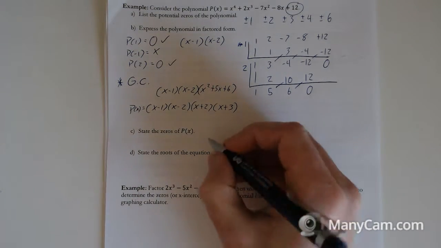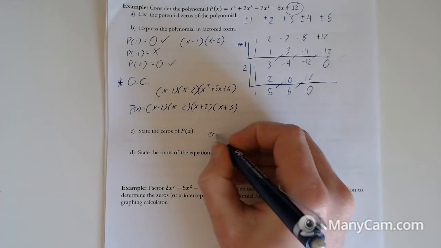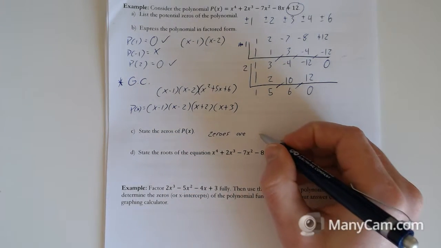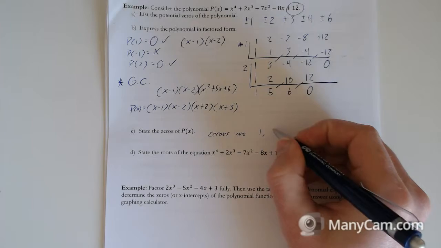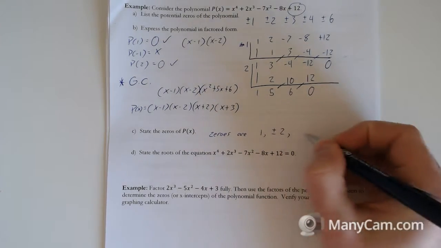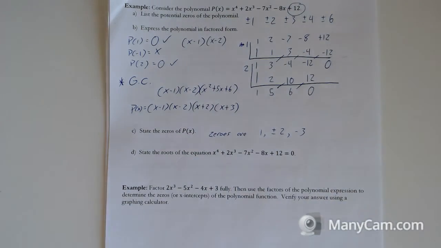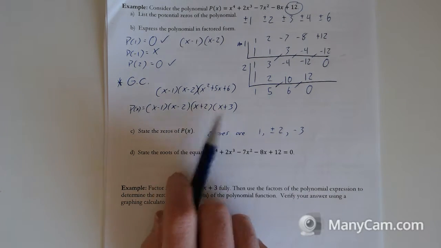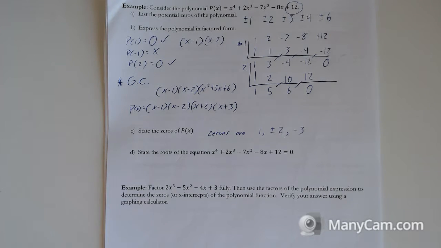State the zeros. So zeros are 1, plus and minus 2, and negative 3. So we got positive 1, positive 2, negative 2, and negative 3. 4 different zeros.